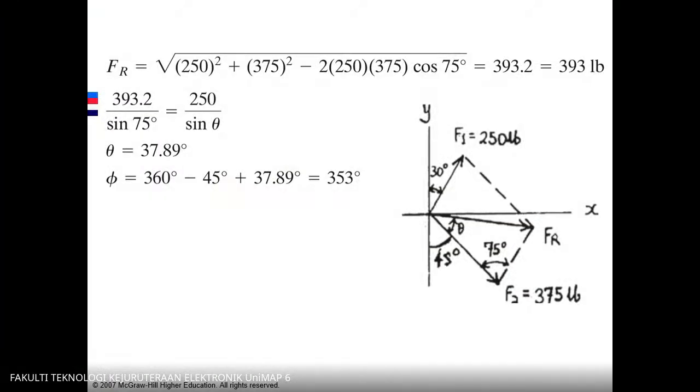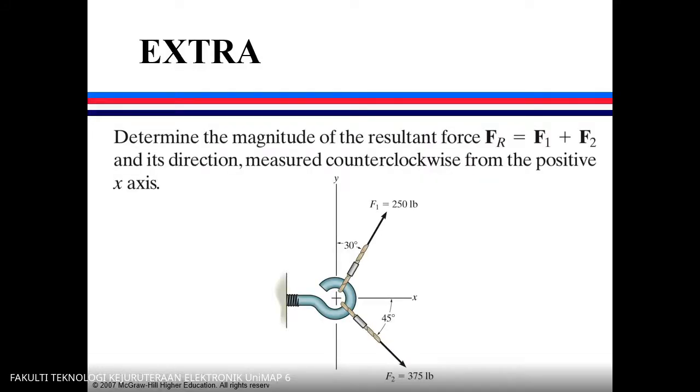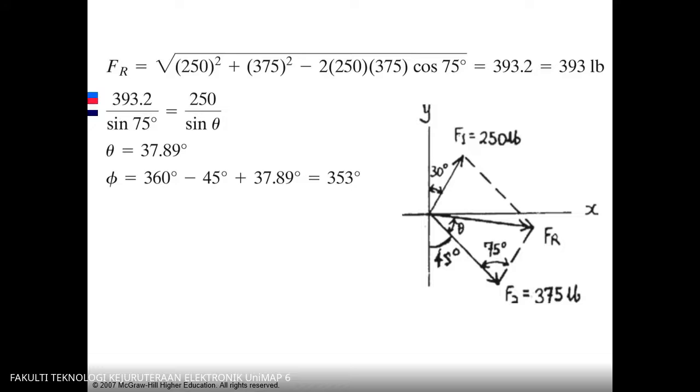Okay, this is the original figure. I will show you the original figure, and then we draw it again. We put in our resultant force. But my question now, why is that angle 75?